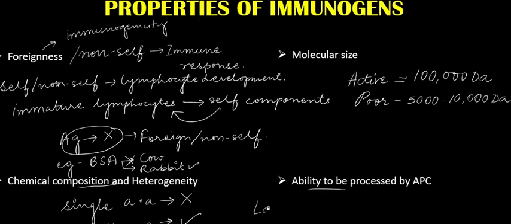If the molecule is large and insoluble, it gets easily phagocytosed and presented by the MHC, and therefore it is much more immunogenic than small soluble molecules. So that was all about the properties of immunogens.